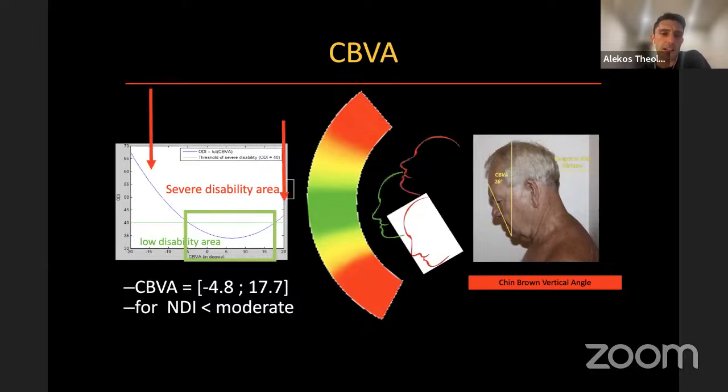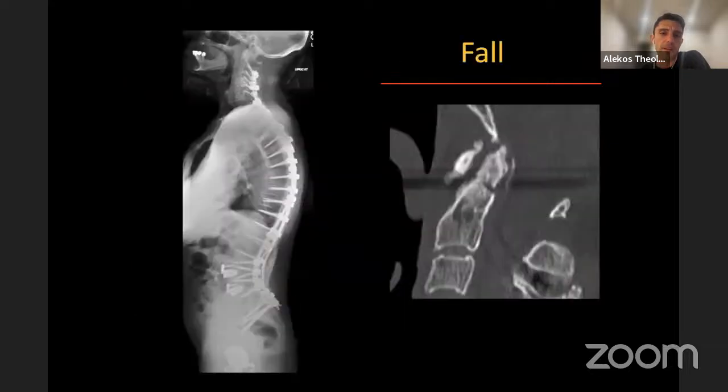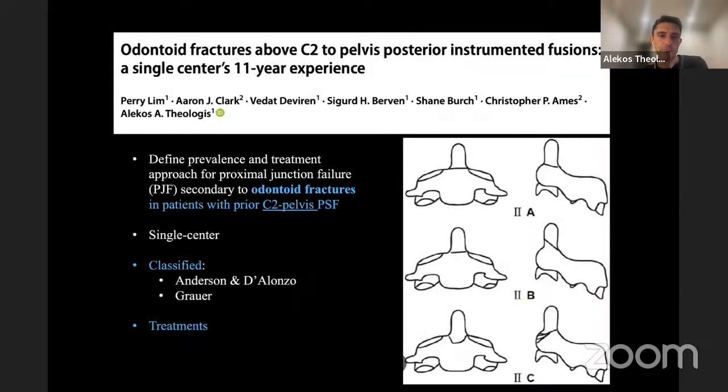And that's exactly what happened in this situation. She fell, she sustained a dens fracture. Thankfully, it was somewhat of a simple pattern, so we treated this non-operatively and it healed, but definitely keep this in mind in terms of correction.